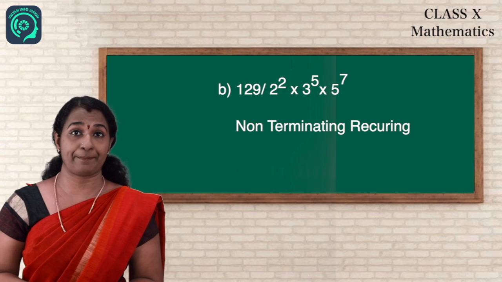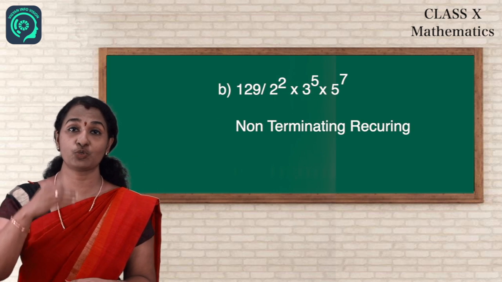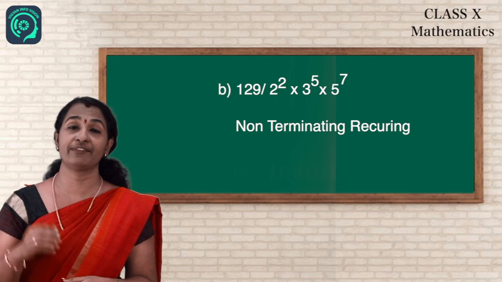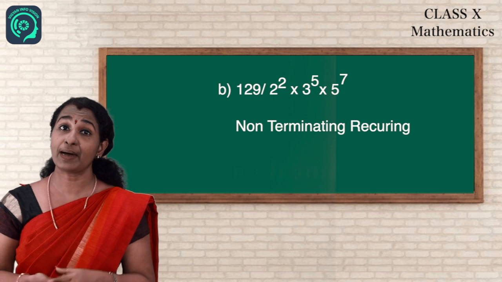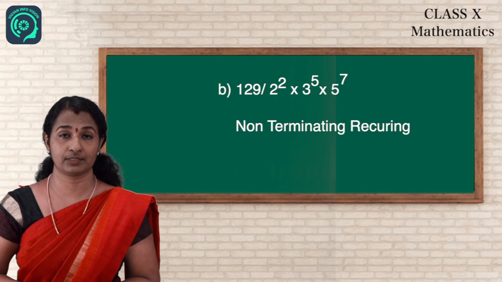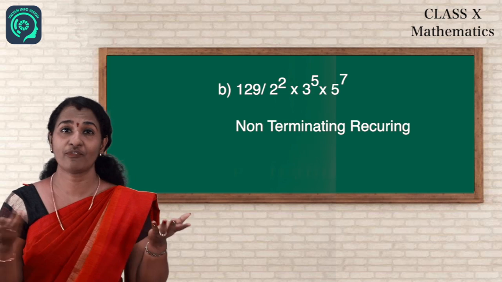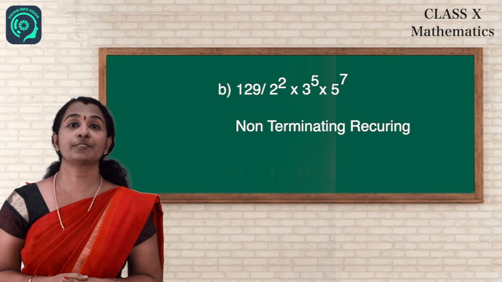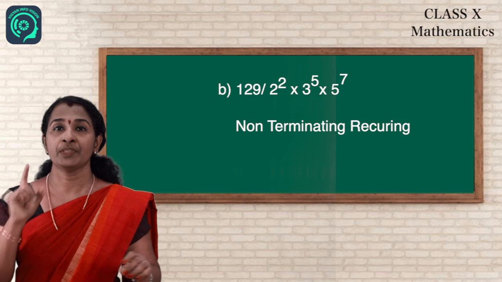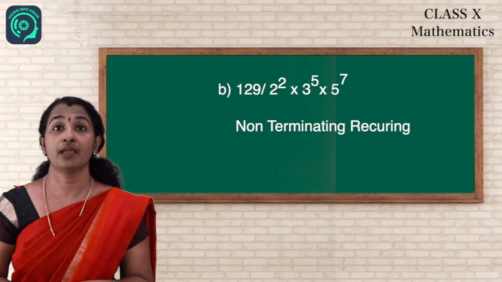Let us see another example. 129 by 2 square into 3 raised to 5 into 5 raised to 7, whatever it be. You can see in the denominator, apart from powers of 2 and 5, we have 7 or 3 or whatever. If other numbers are coming into the picture, that means the decimal expansion will not be terminating, it will be non-terminating recurring.